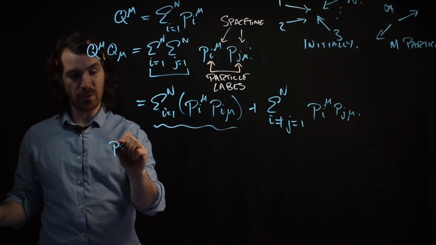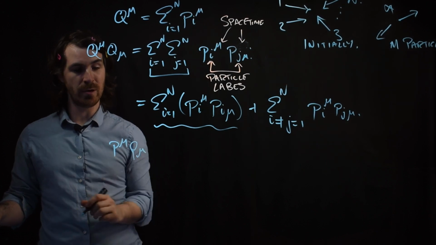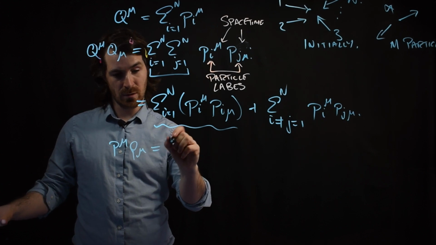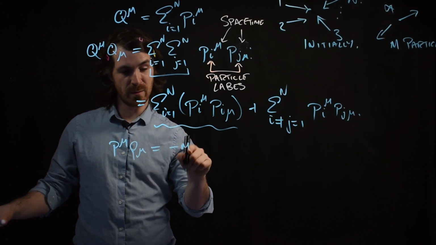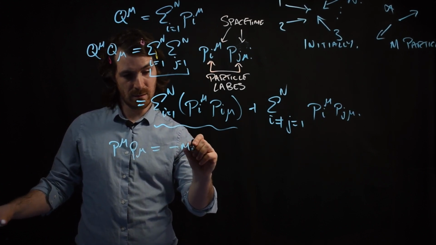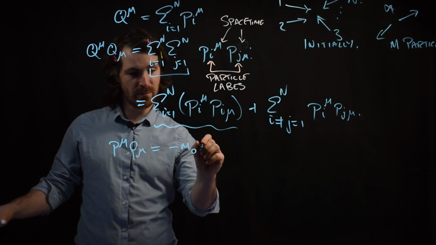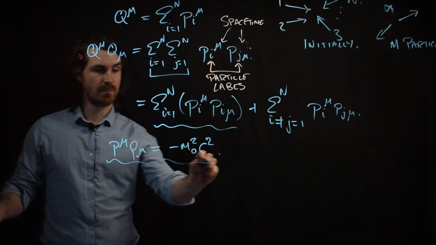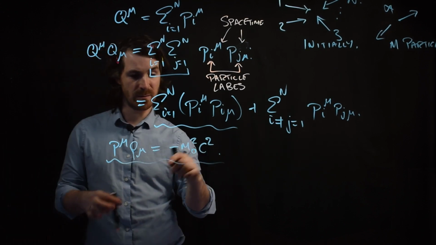So we know that p mu p mu for any particle is equal to minus its rest mass, let's call it m0, squared c squared.